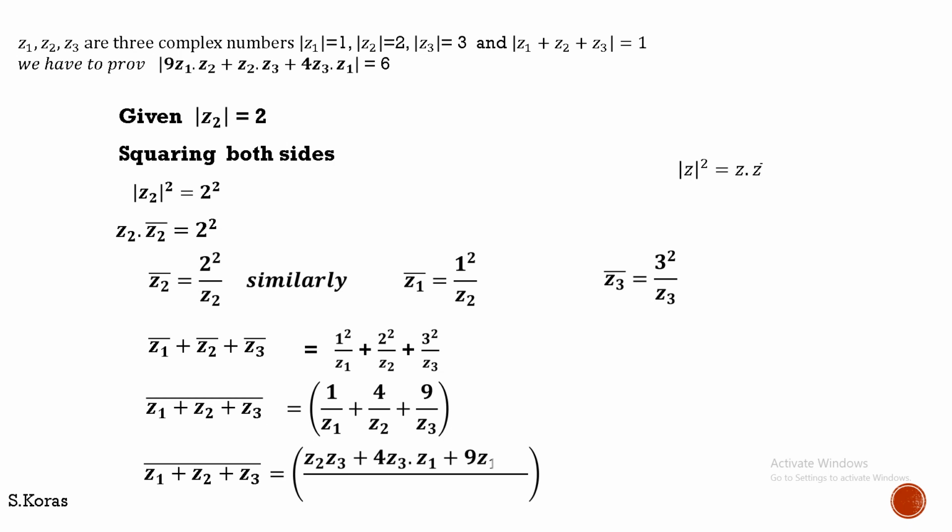The LCM will be z1 into z2 into z3. If we simplify this, here z1 is z2 into z3 times, so 1 into z2 into z3. Here z2 is z1 into z3 times, so this is 4 into z3 into z1, and this z3 is z1 into z2 times, so this is 9 into z1 into z2.